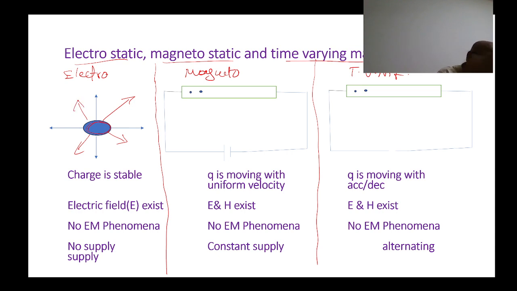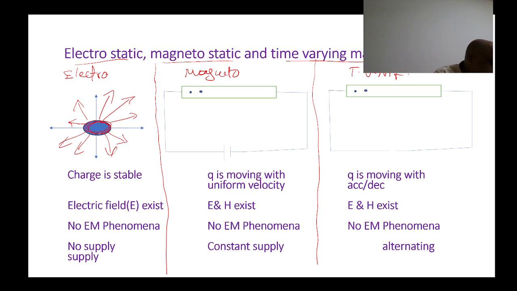If it is a negative charge, the electric field converges, meaning entering. These field lines are moving away from the charge. What is the field direction? It is the radial direction.